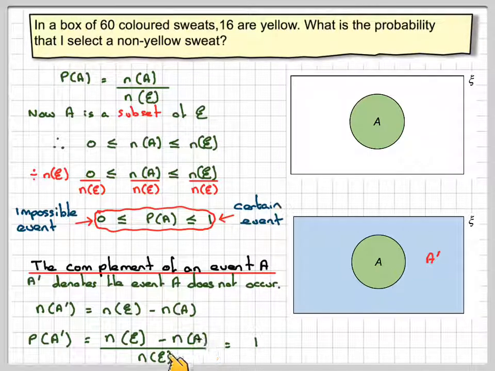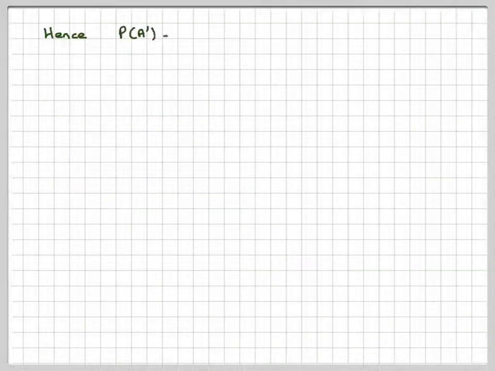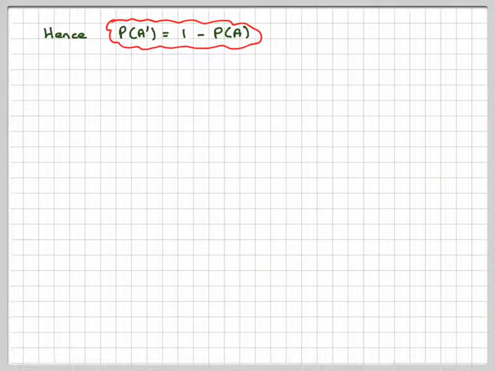And then we're going to have the number in A divided by the number in the universal set. This is defined as the probability of A. So what I've proved to you here is that the probability that A does not happen is always going to be 1 minus the probability A does happen.